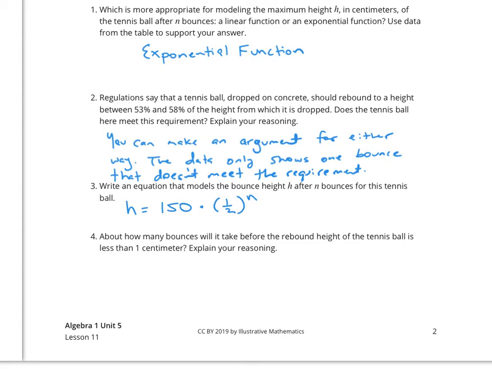So if you go with that idea, you would see that after 3 bounces, it will decrease by a factor of 1/8. And then after about 10, it would decrease by a factor of about 1/1000. So keeping all of that in mind, we would say that at about 8 bounces is where we would see it reach about 1 centimeter. So you have a couple of different options.